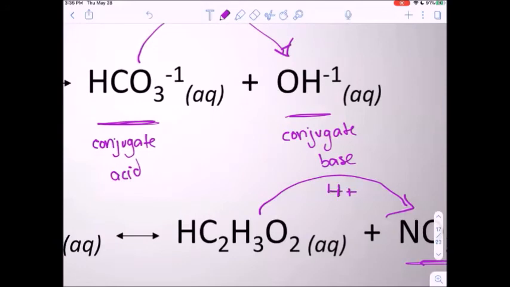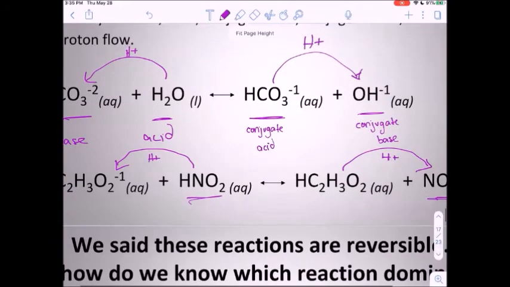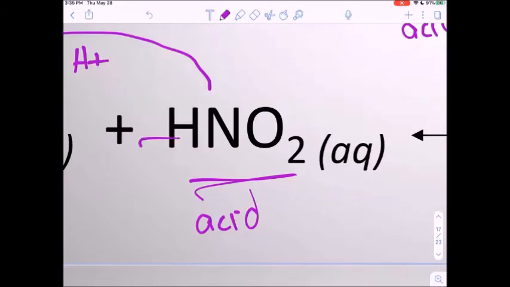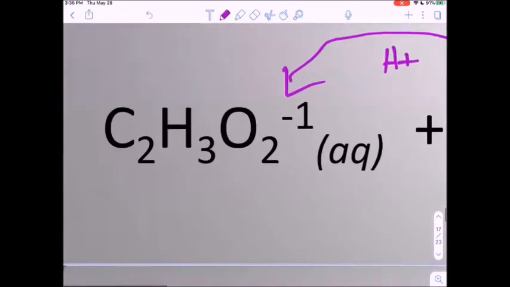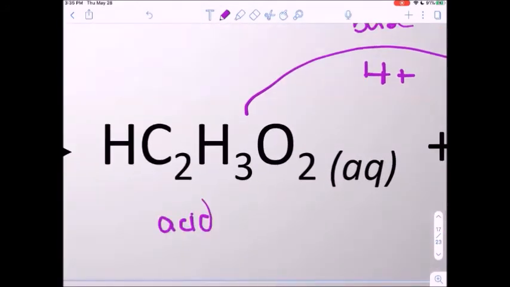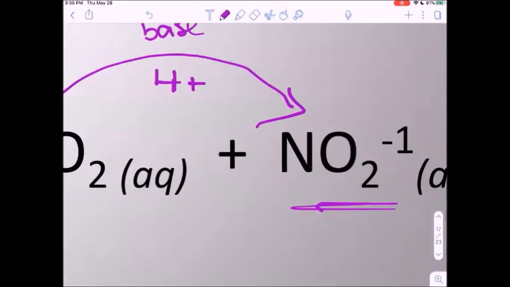So you can label your protons like so. And then the one that's giving up the proton is always going to be the acid. So on the left-hand side, my HNO2 is the acid, which leaves this as my base. And on the right-hand side, this would be my conjugate acid, whereas this would be my conjugate base.